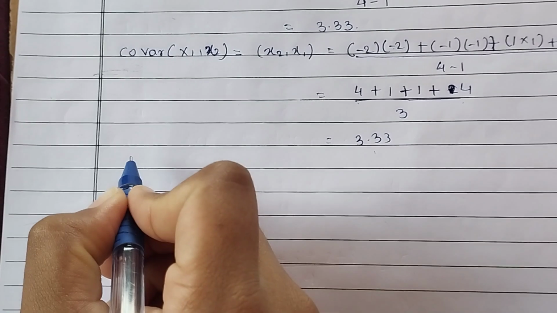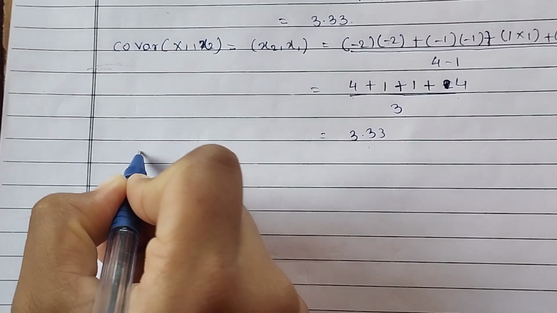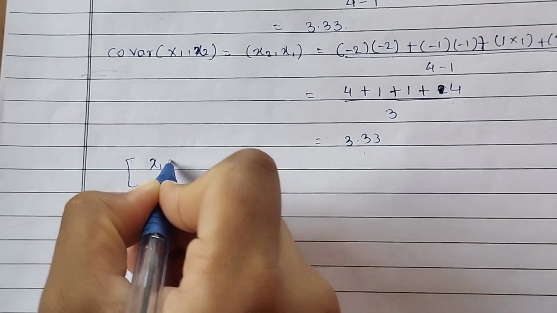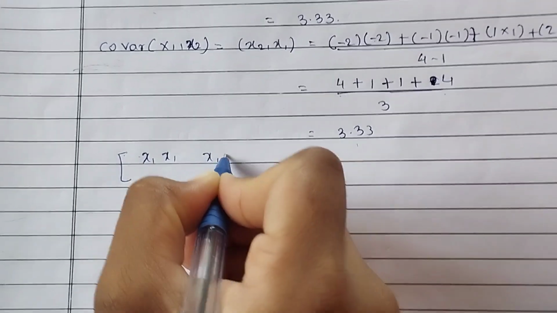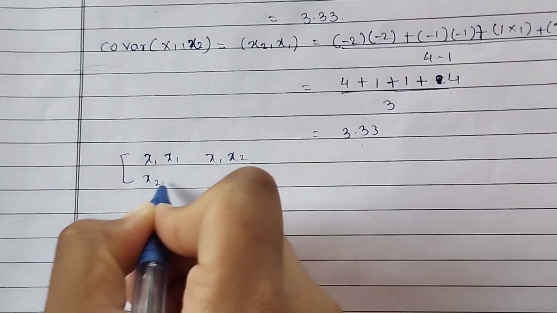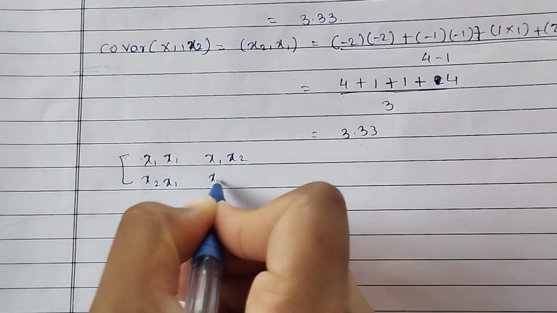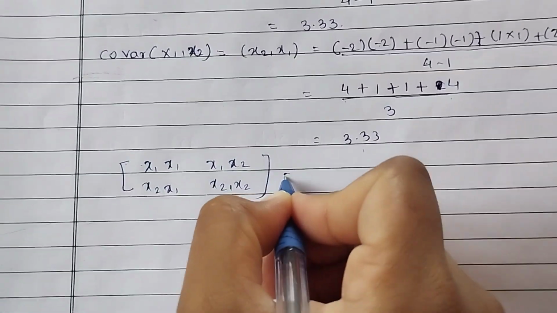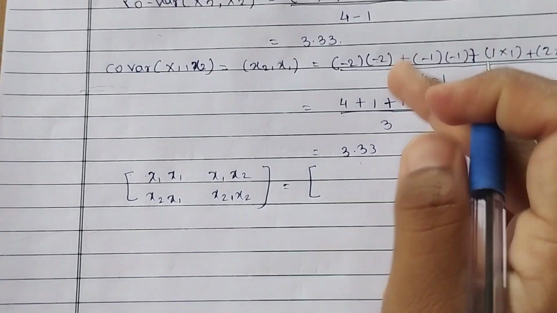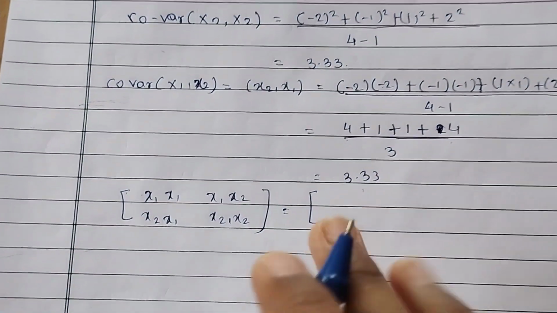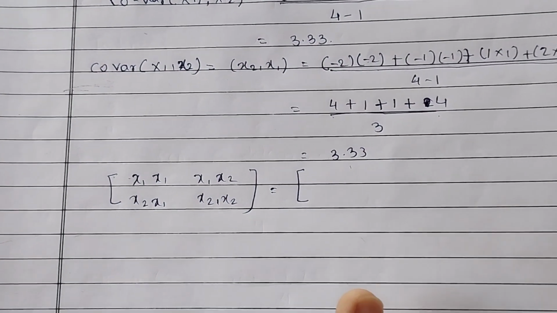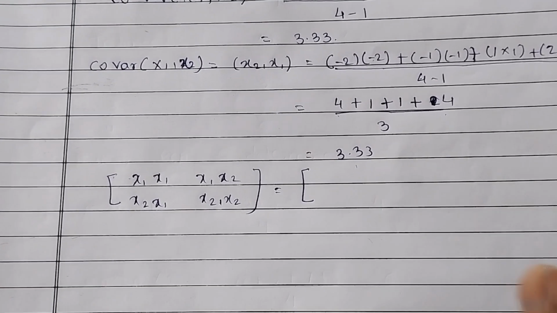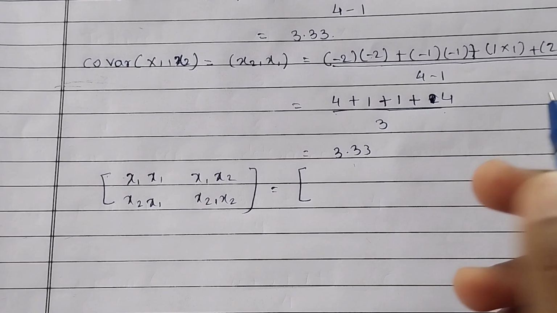So our covariance matrix is now x1 x1, x1 x2, x2 x1, x2 x2. All the values we found are exactly equal, but it is not compulsory every time; sometimes the values may vary.